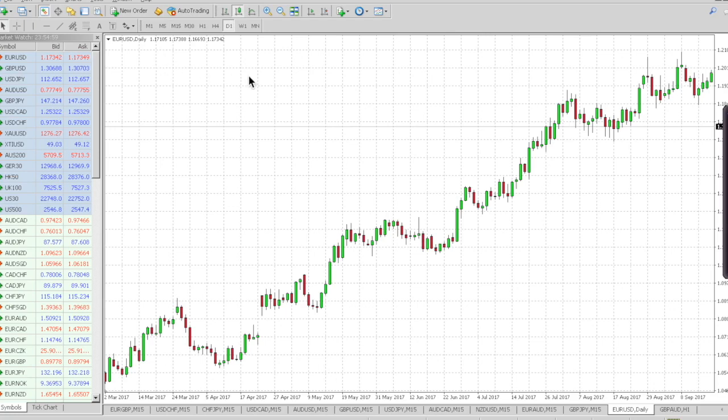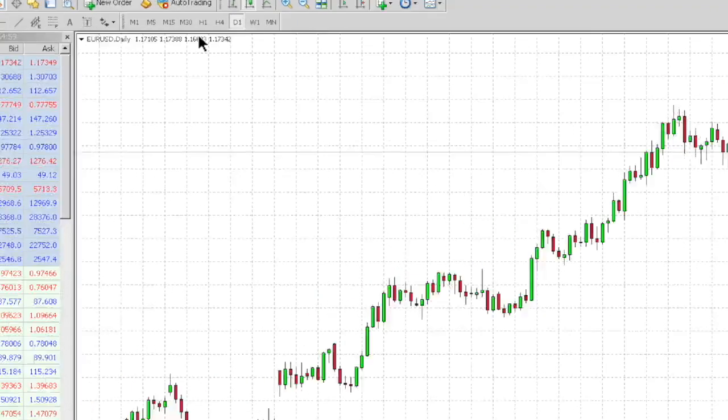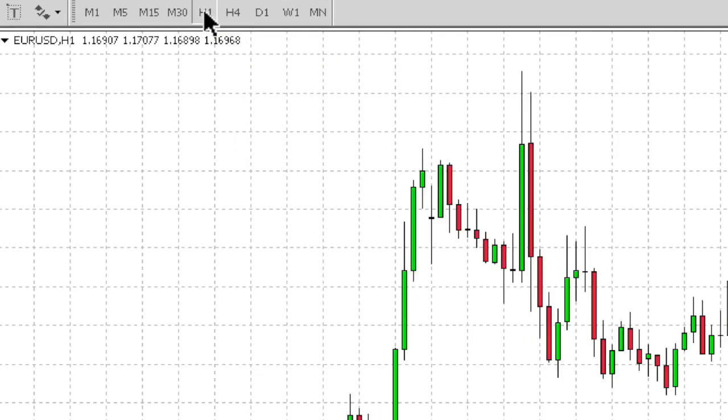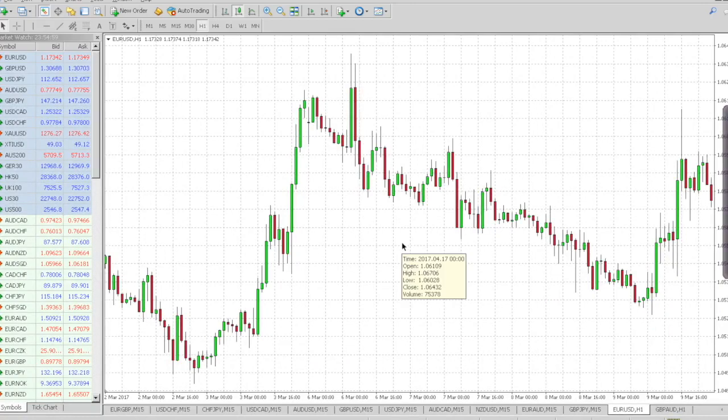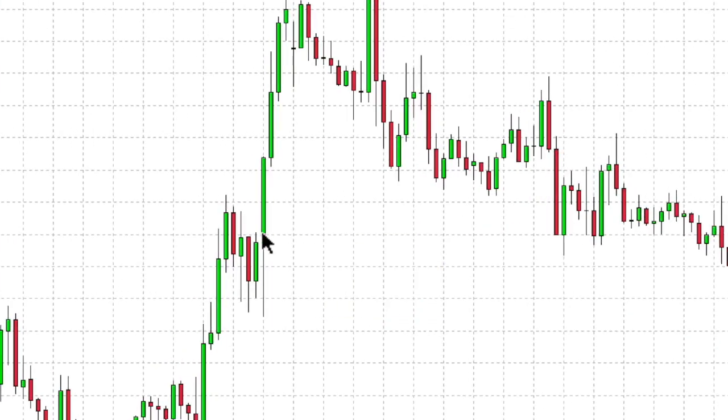Next would be I mentioned swing trading, right? So swing trading is, again, you tend to look at hourly candles as a swing trader. So when you click H1, it's hourly candles. So now it's kind of like we're taking a microscope, we are zooming in such that now each candle that you see is 1 hour.